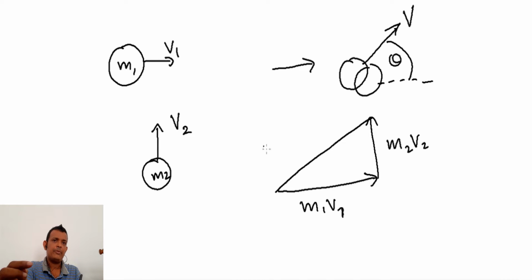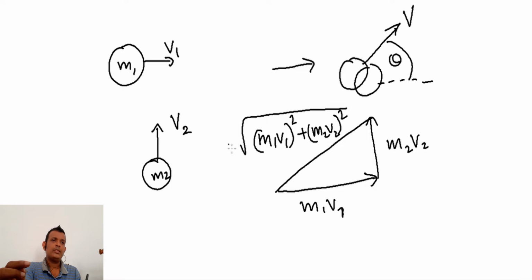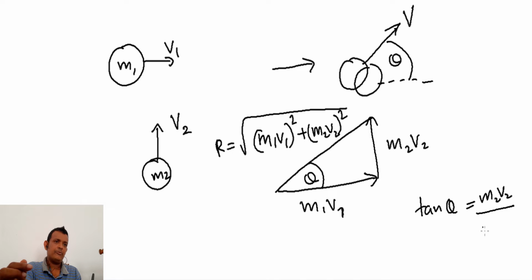I add (m1 v1) squared and (m2 v2) squared, and take the square root of it. Then from that I will get the resultant momentum. If I want to calculate the angle theta, I can use tan theta, which equals m2 v2 over m1 v1. From that I can get the angle.